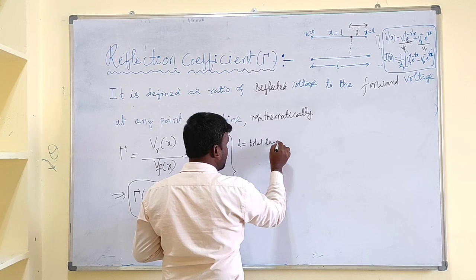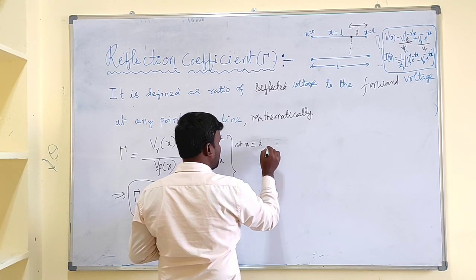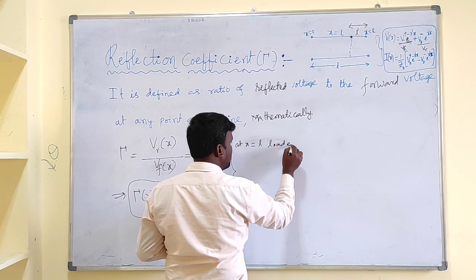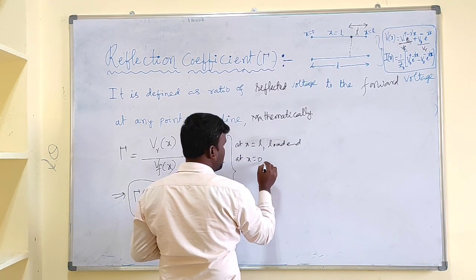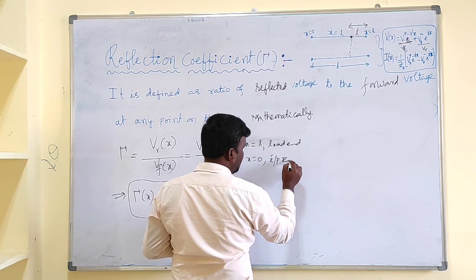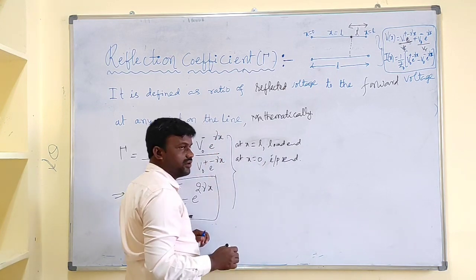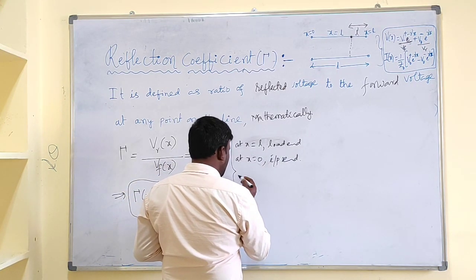X equal to L means load end, x equal to 0 means the input end or source end of the line.